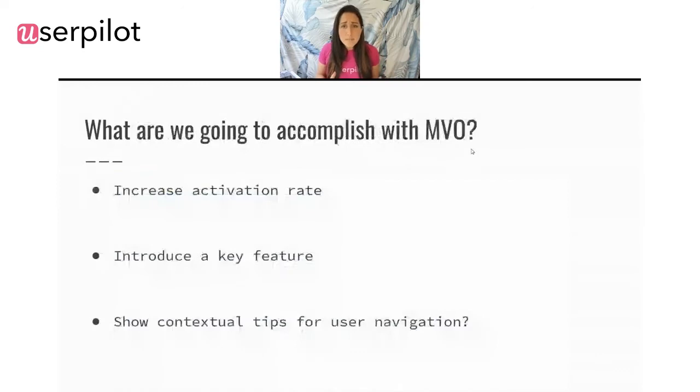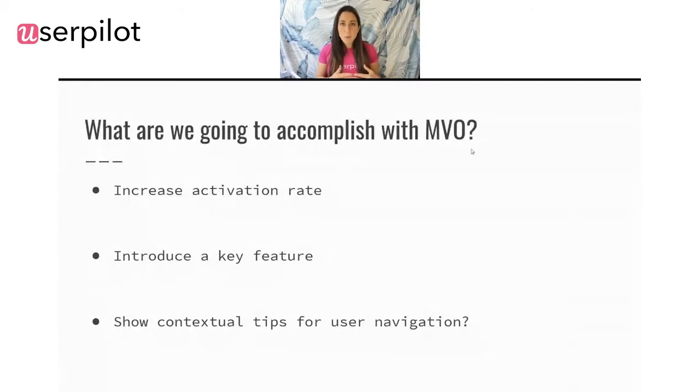So when we're building a minimal viable onboarding, we're going to try to accomplish 3 key things. The first is to increase that activation rate, right? Make sure that your users are getting value out of your products. We're going to do this by introducing key features, right? In order for a user to be activated, they need to use these key features. And so these 2 things go hand in hand.